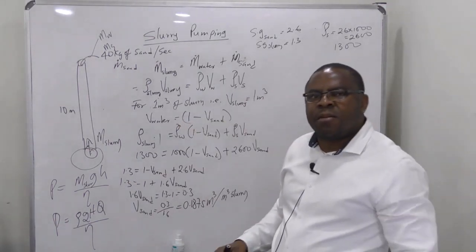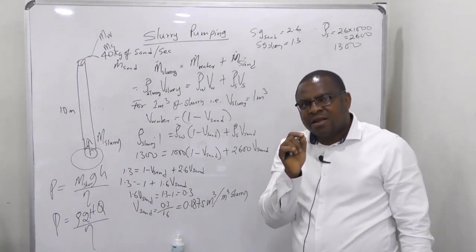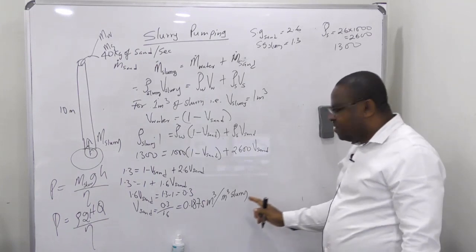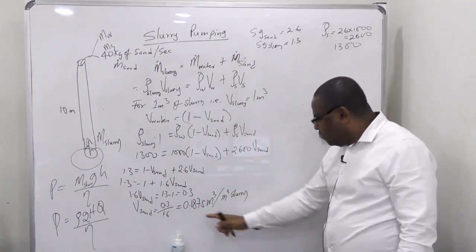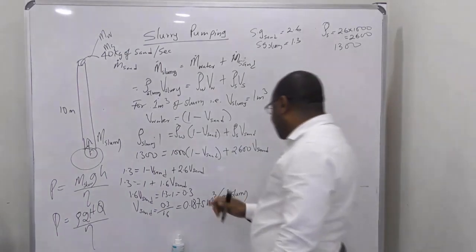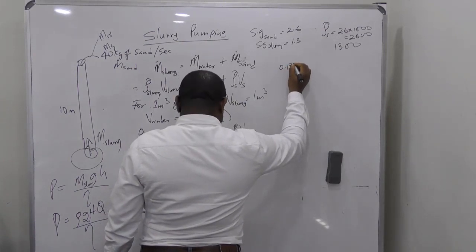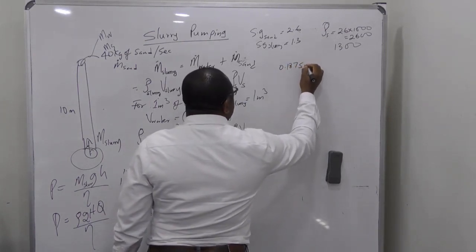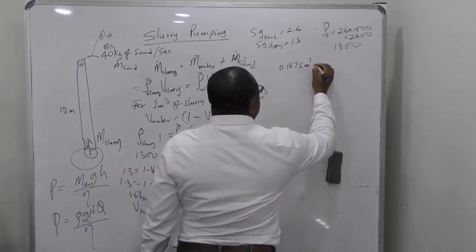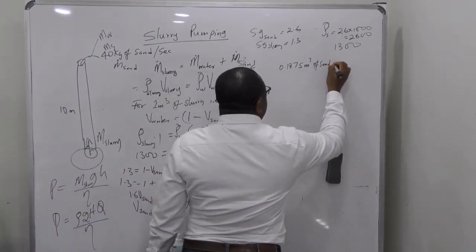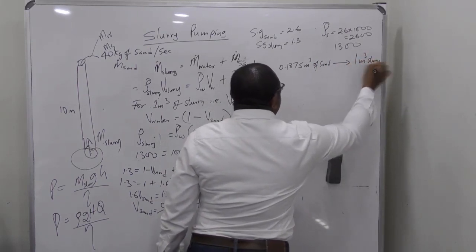Which means that 0.1875 meter cube of sand is for 1 meter cube of slurry. That's what that means.